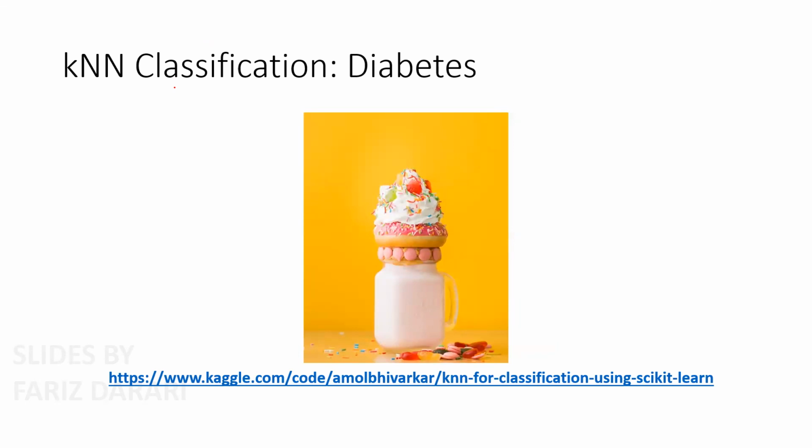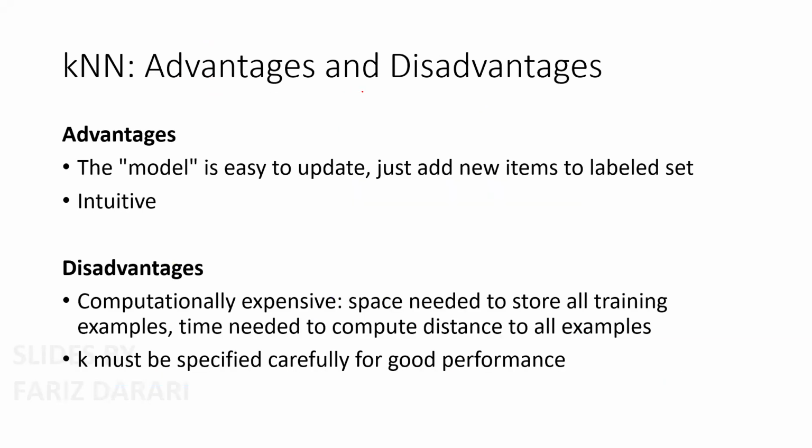Okay, we saw this one, kNN classification for diabetes, right? So some advantages and disadvantages of kNN. I think it's quite intuitive, and it's very easy to update the model. You just add new items, and then the computation will check the distance to the new items, if the new items would be one of the nearest neighbors to your data points.